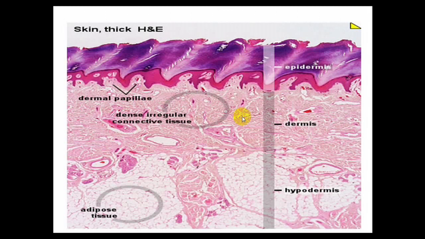Located in some dermal papillae are pear-shaped encapsulated receptors called Meissner's corpuscles. These act as mechanoreceptors specialized to respond to slight deformation of the epidermis.